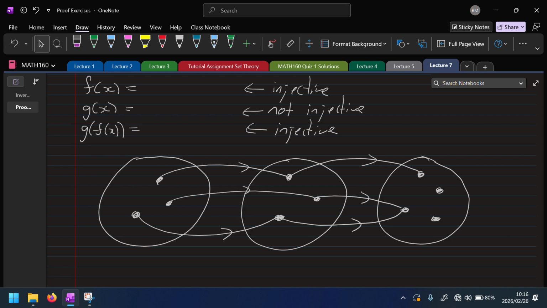But both are injective. Yeah, no, that doesn't work. Okay, you were first.